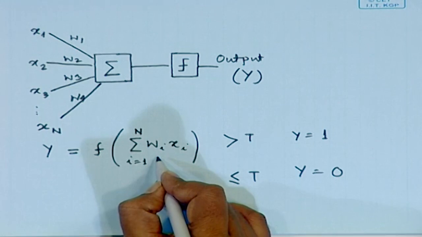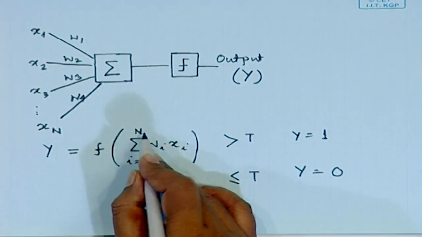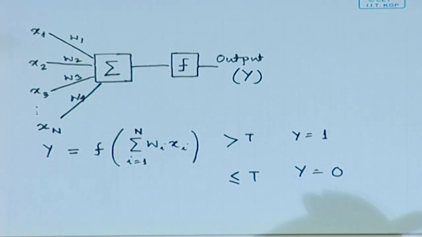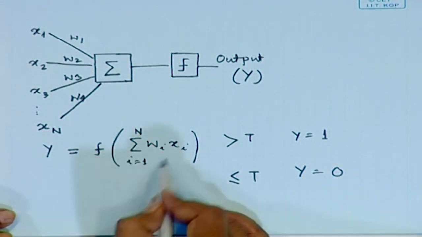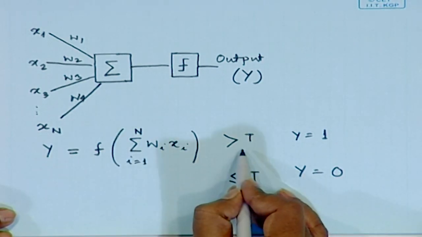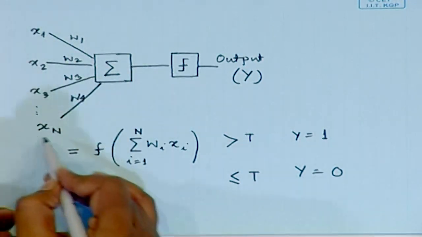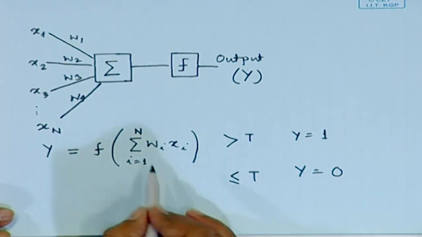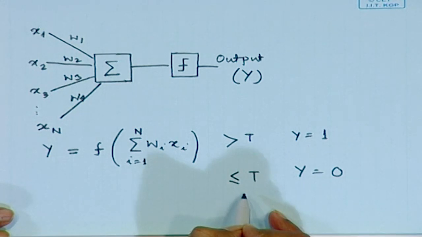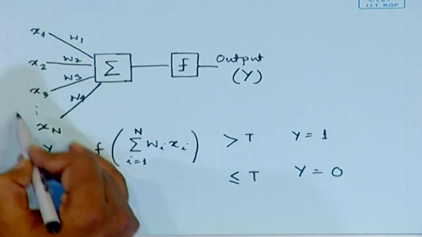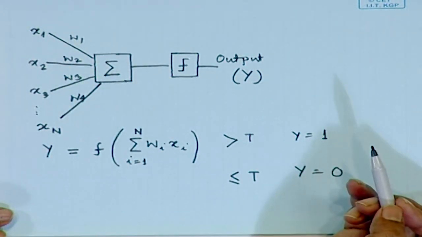If I have a linear discriminant function, g(x) is nothing but this summation of wi xi varying from 1 to n, where my feature vector is n dimensional. If this function is greater than threshold, I set y equal to 1, indicating that this x belongs to one class. If this is less than or equal to threshold, I set y equal to 0, indicating that this x belongs to the other class.